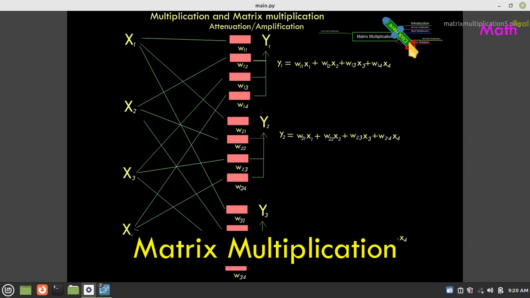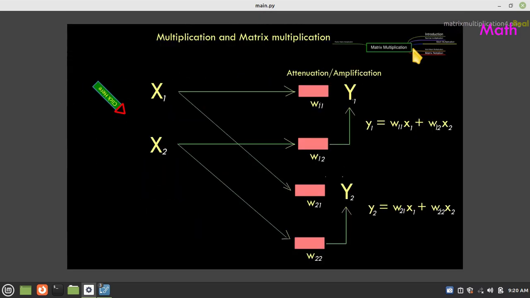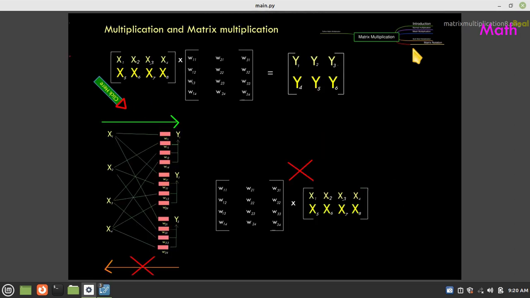Okay, so we'll come back to our initial business. We talked about matrix notation. What is the property of a matrix? When we say x1 multiplied by weight generating output, the signal is flowing from left to right.